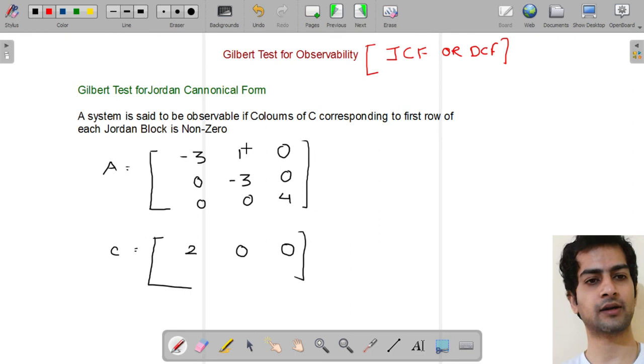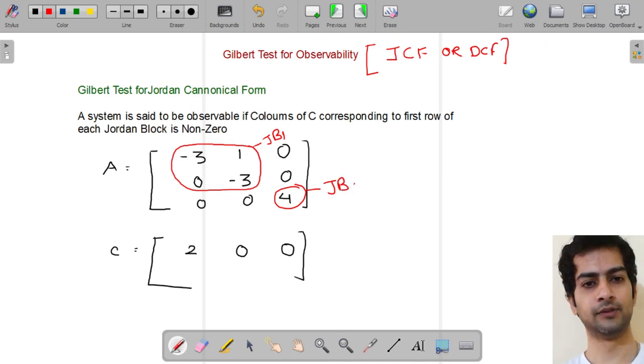See, here also we are getting JCF. This is JCF1. This is Jordan block 1. This is Jordan block 2. Now in controllability, what we were doing was referring to the last row of JB.